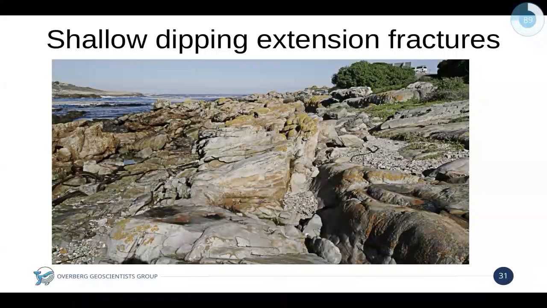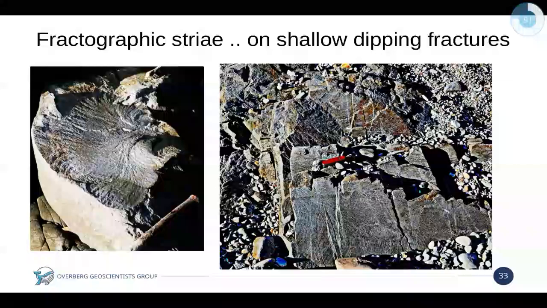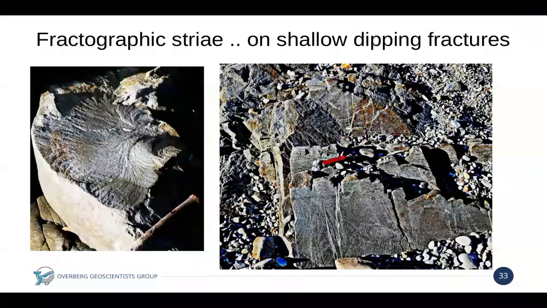These are quite interesting. You look at this picture, and you say, it looks like bedding dipping to the left. But actually it's not. The bedding is vertical. Strata is vertical in this picture. And those flat line discontinuities are extension fractures. There's more of it. And there is proof that these are extension fractures.